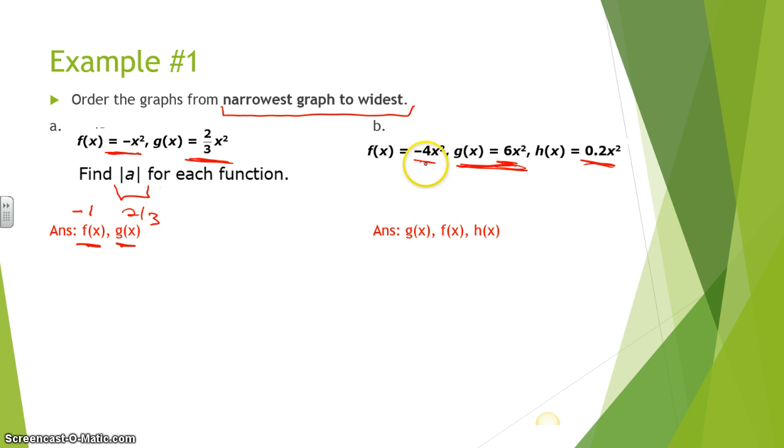Then it's going to be my f of x, my -4x squared. My widest graph is going to be h of x, which is 0.2x squared. So here's my answer. The order from narrowest to widest is g of x, f of x, then h of x.